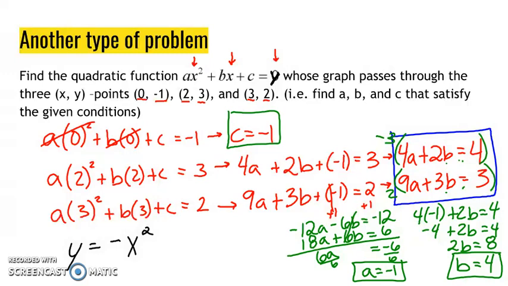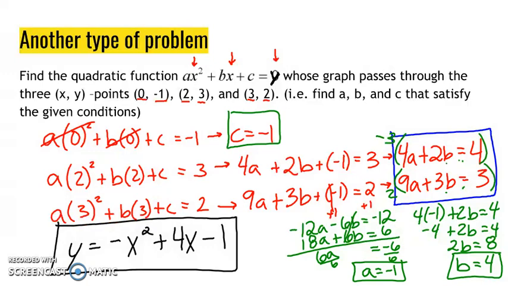So my b value we found was 4, so I'm going to have plus 4x. And then I've got plus c, which I found at the beginning was -1. So your final answer is y equals -x squared plus 4x minus 1.